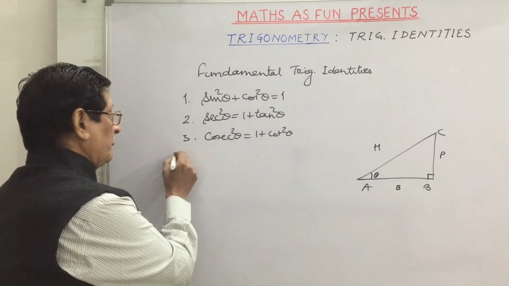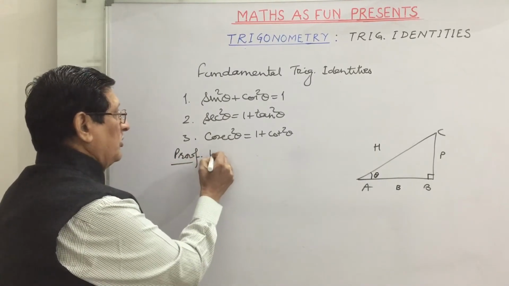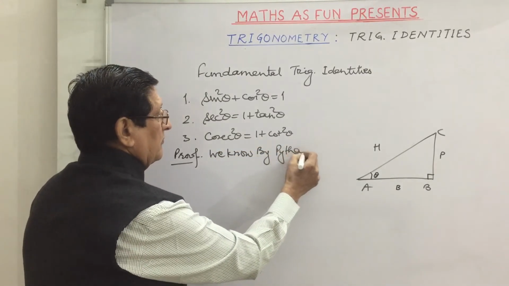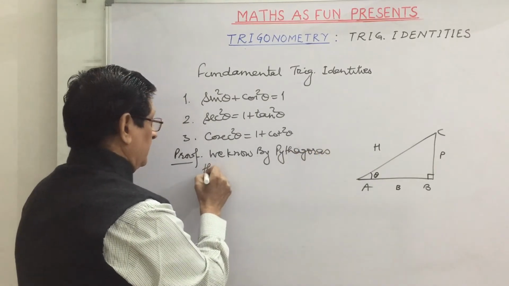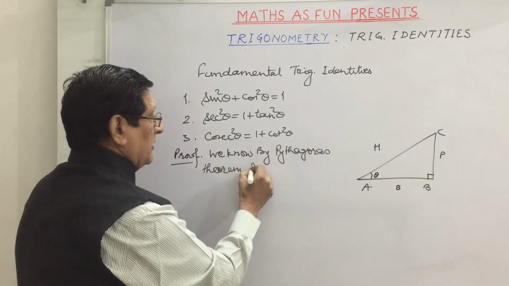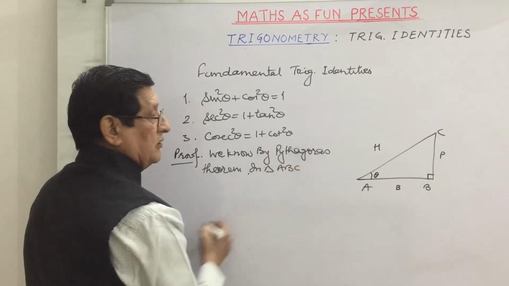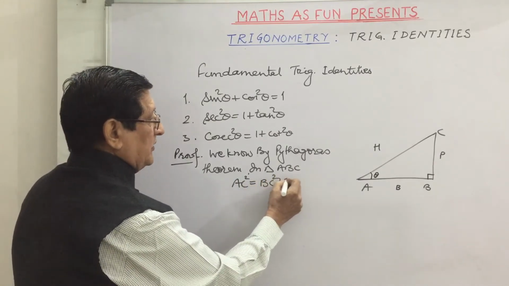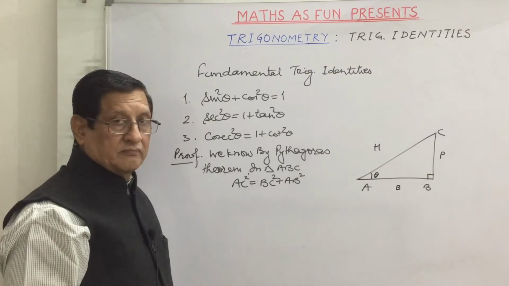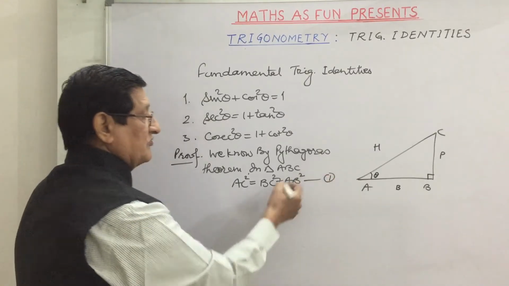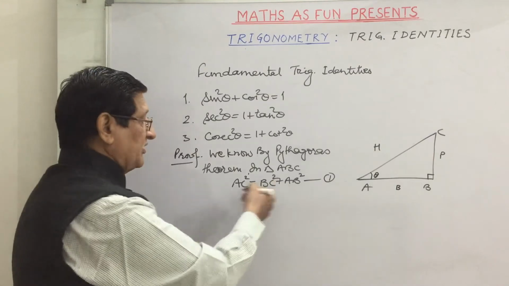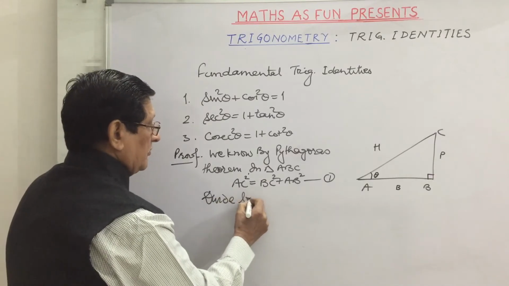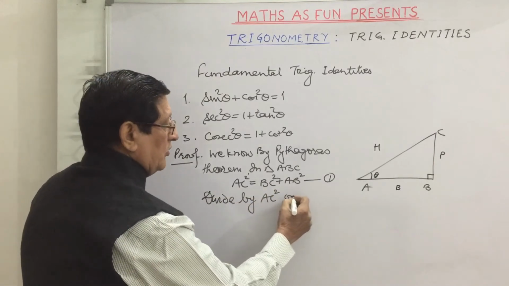And we know, for the proof, by Pythagoras theorem in triangle ABC, AC square is equal to BC square plus AB square. We can write this as equation number 1. Suppose we divide it by AC square on both sides.